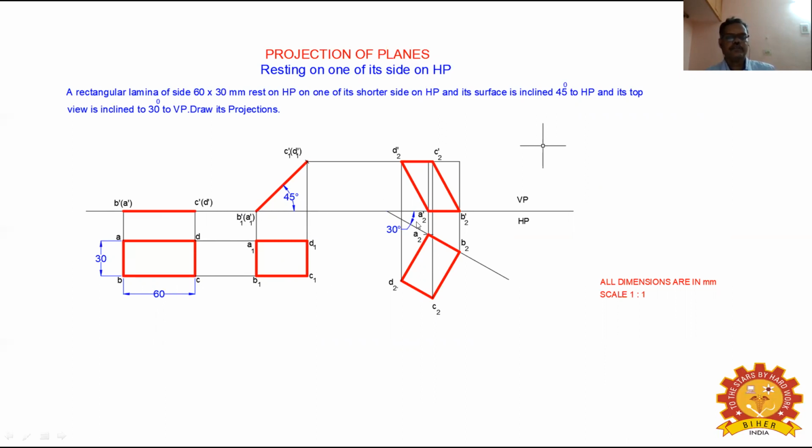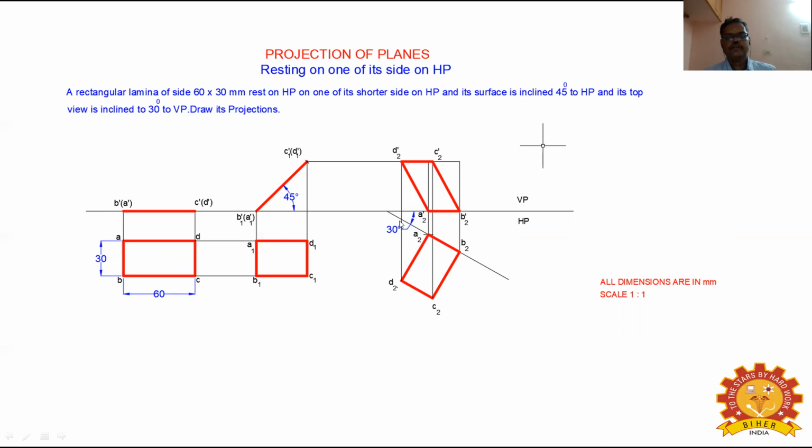Now in the third step, this rectangle is inclined 30 degrees to VP. Therefore, mark a point and draw a 30 degree line. Here, fix this A1 B1 distance on the 30 degree line and mark as A2 B2.